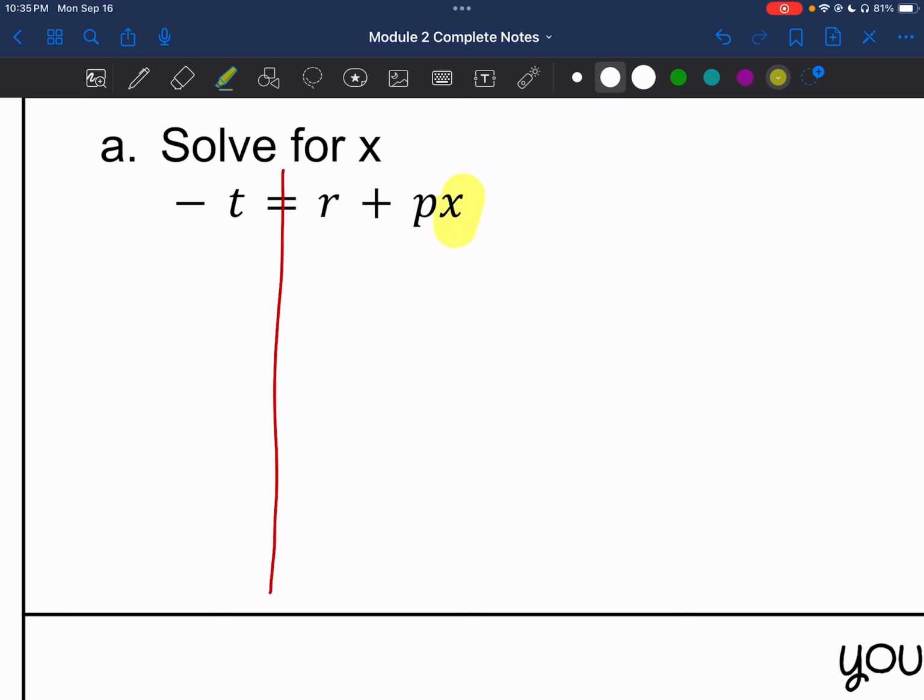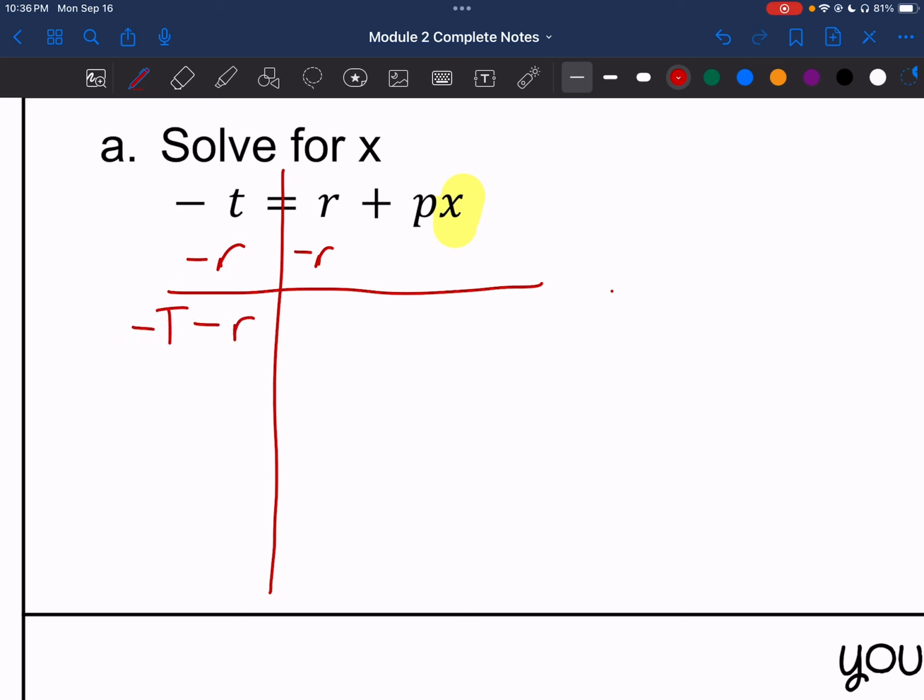And again, it's helpful to highlight or underline to identify and pick out that variable that you're searching for. So the first thing I need to do, I see that I have r plus p times x. Well, r plus, the opposite of that is going to be minus r. And when we get that, we have negative t minus r is equal to px.